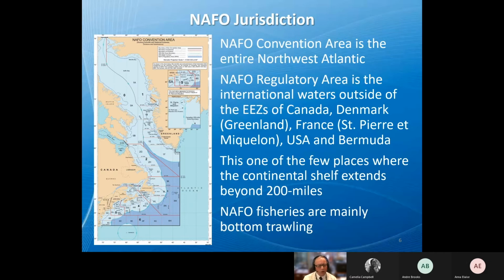As you can see, the NAFO convention area does not cover the northern mid-Atlantic ridge, but obviously we are quite close to it. And the NAFO regulatory area is one of the few areas where the continental shelf extends beyond the 200-mile limits of coastal states. And NAFO fisheries that are regulated are mainly bottom trawling.